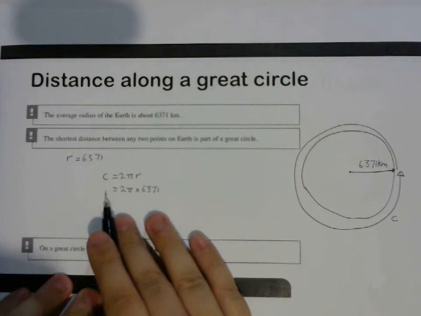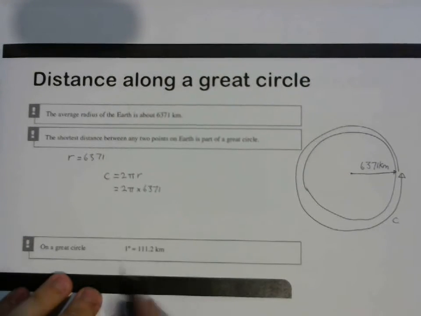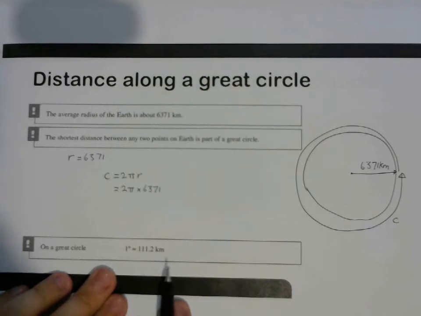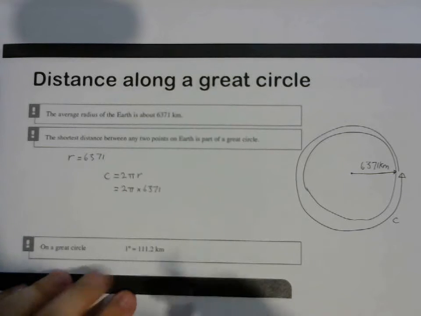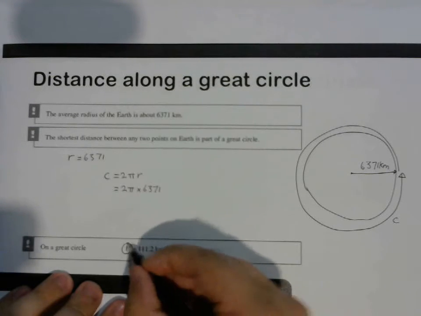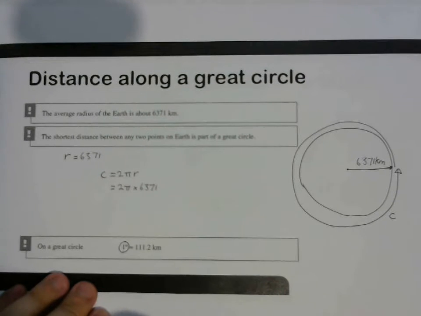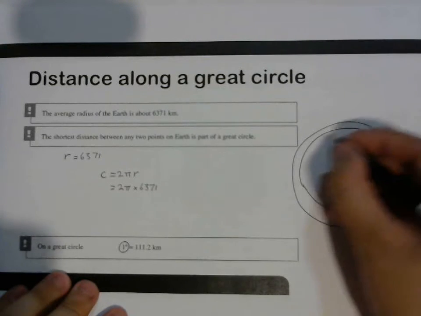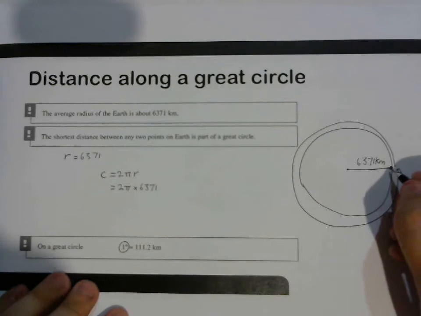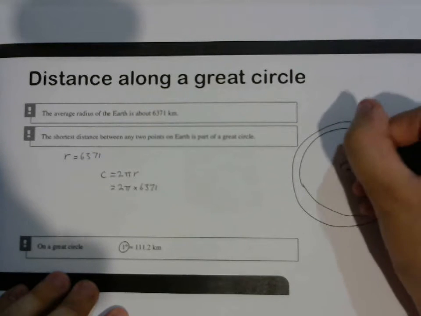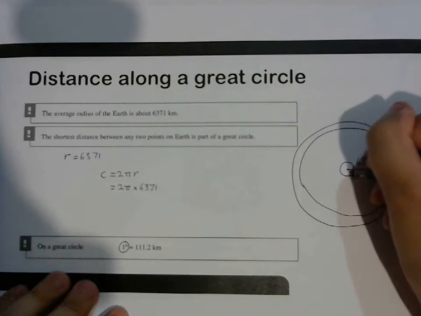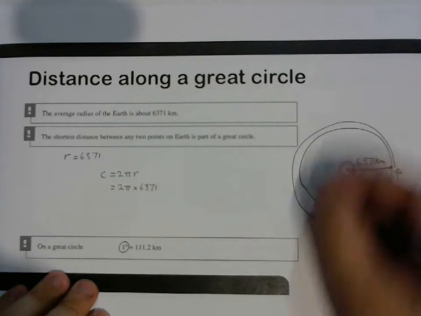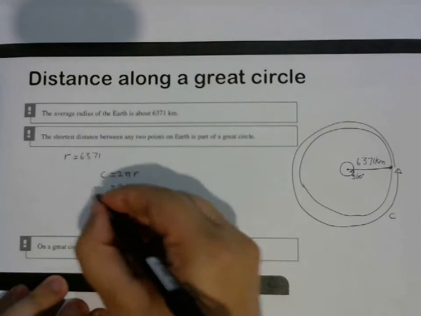We don't want to know the circumference, because we're going to use this rule to figure out how to use longitude and latitude to tell us a distance. So what we want is to know what 1 degree equals. If we look at a circle going all the way around, we have 360 degrees. So this circumference equals 360 degrees.